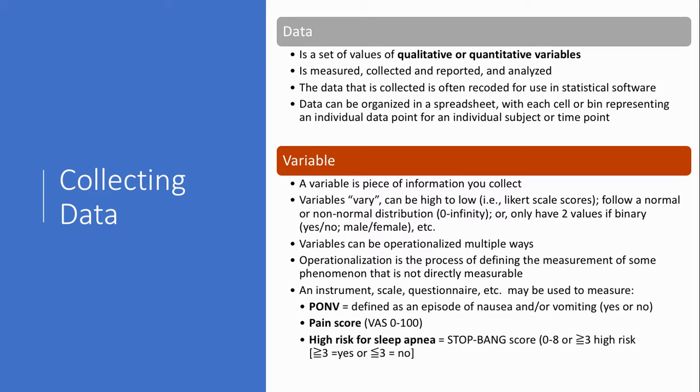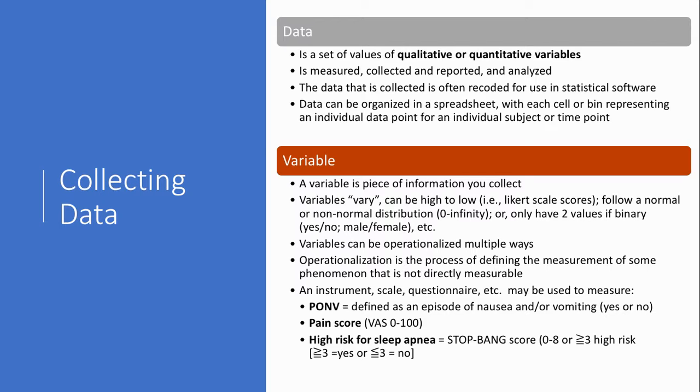Each variable would have its own column, and so maybe you have the STOP-Bang score in column 1, and then maybe in column 2 you recode that data so that it ranks them by OSA severity based on a score less than 3, 3 to 4, or greater than 5.